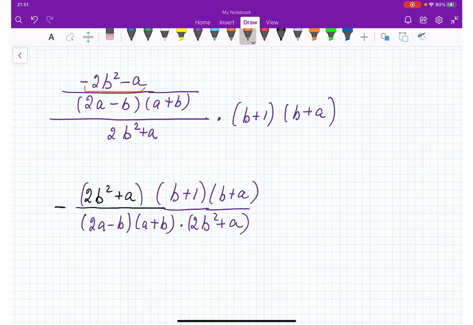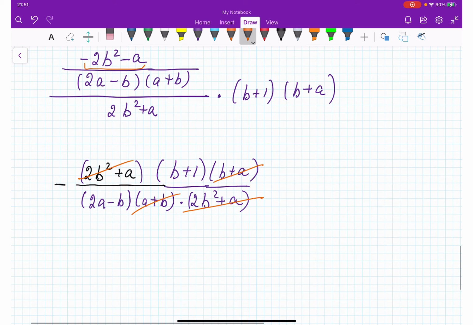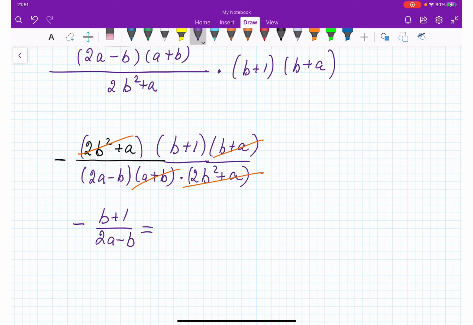And we are getting, this is cancelled with this one, a plus b with b plus a. And as a result, we are getting negative b plus 1 over 2a minus b. Since it's not a good habit leaving a negative sign, I'm going to flip back the denominator.